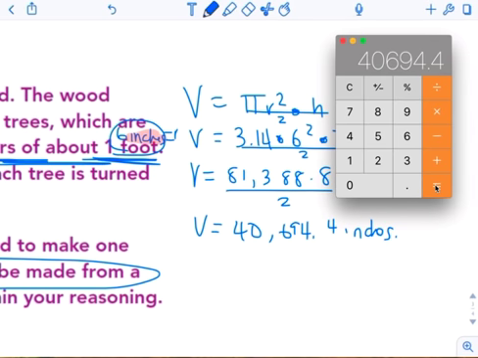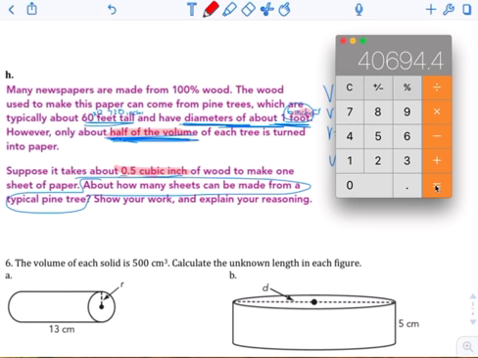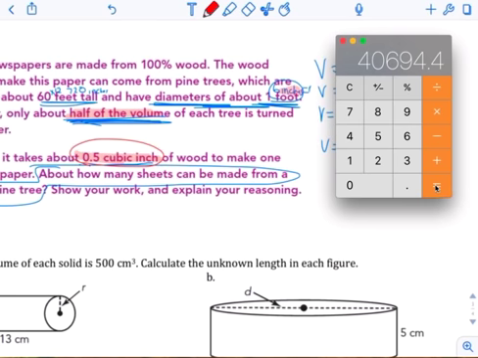Okay, that's the volume, and then it takes 0.5 cubic inch of wood to make 1 sheet of paper. So how many can this make? If it's 0.5 to make 1, you divide that by 0.5.